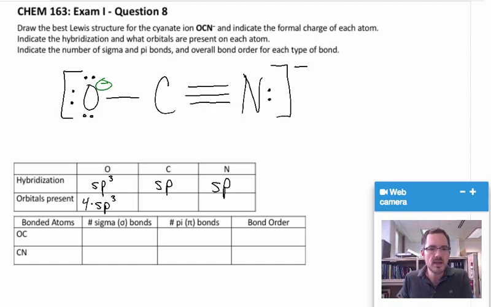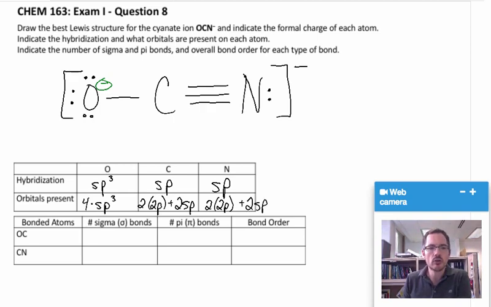So for an sp orbital, I should have 2 p orbitals and 2 sp orbitals. So I still have 4 orbitals. It's just that 2 of them are hybrid and 2 of them are non-hybrid. And the same is going to be said for my nitrogen. I have 2 p orbitals, and I will have 2 sp orbitals.